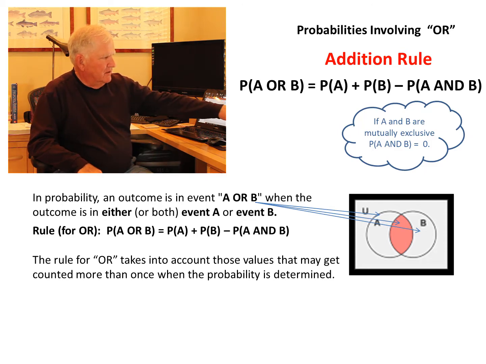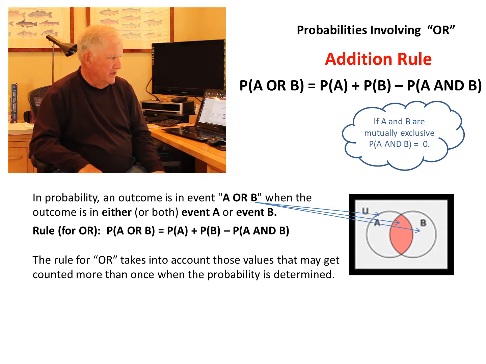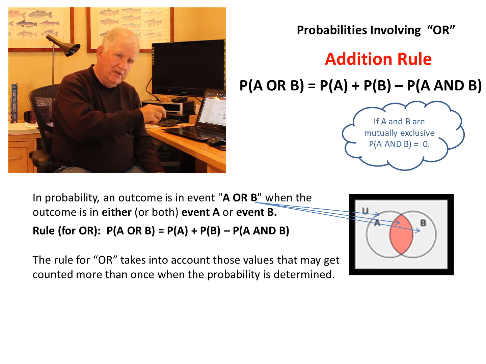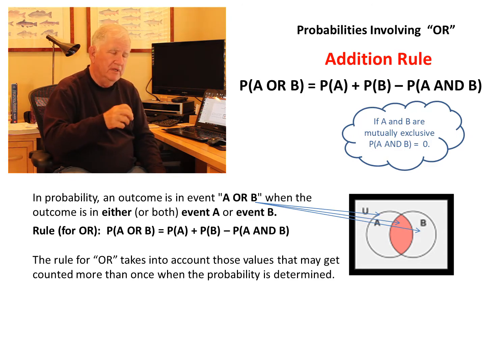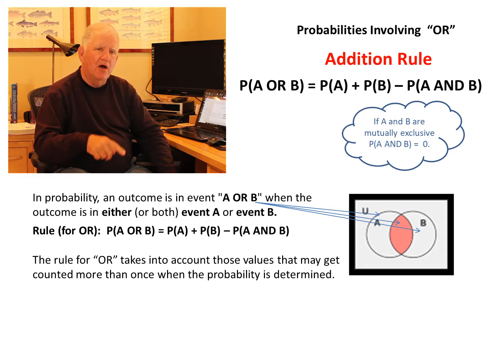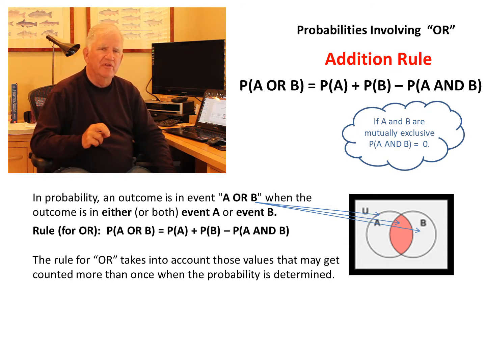To talk about that again in terms of the Venn diagram on this page, to calculate the probability of A, you have to calculate how many outcomes are inside that circle A. Note that some are purely in A, some are in both A and B. Same is true of event B. You have to calculate how many outcomes are within that circle.